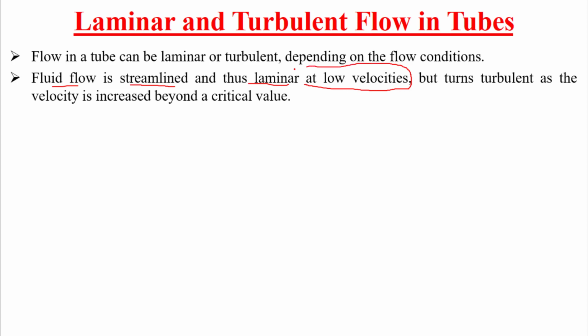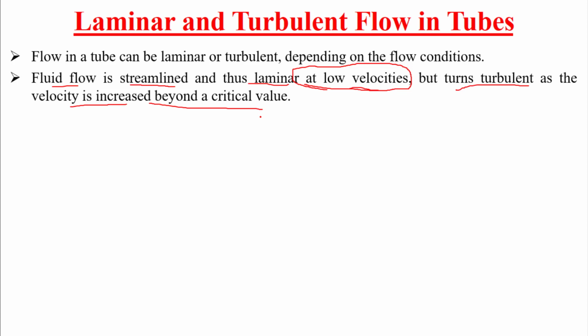See here, this is the most important parameter, the velocity. So if we have very low velocity, then we are talking about a laminar scenario, but it turns turbulent as the velocity is increased beyond the critical value.